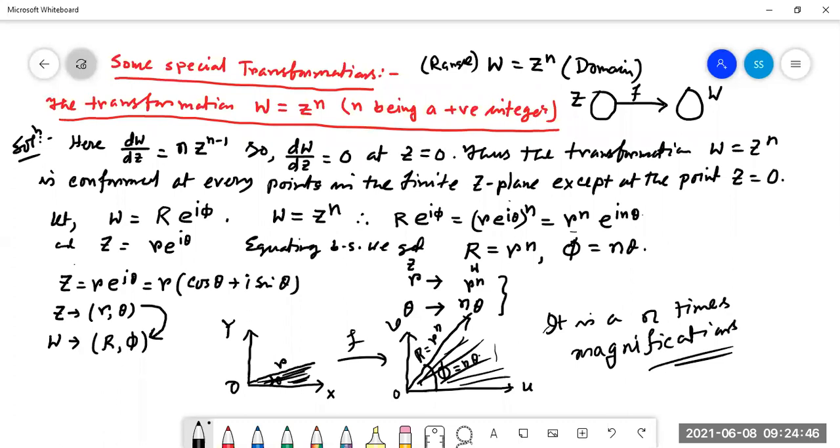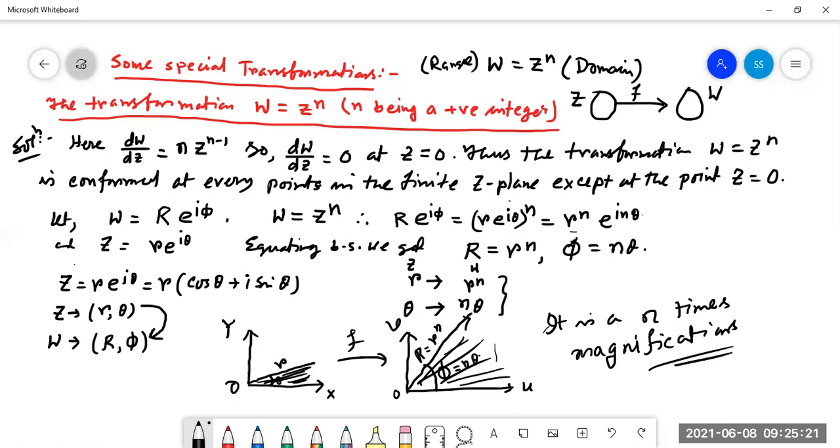One thing you have to remember always: the transformation will be given to you, and what is given on the right hand side is the current scenario, that is the domain. You have to change it into the left hand side. We cannot look at the W or Z which is given on the right hand side, that is the current scenario, and what is given on the left hand side, you have to transform to that.